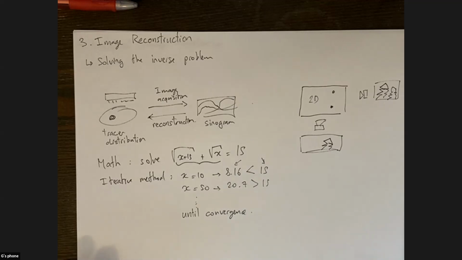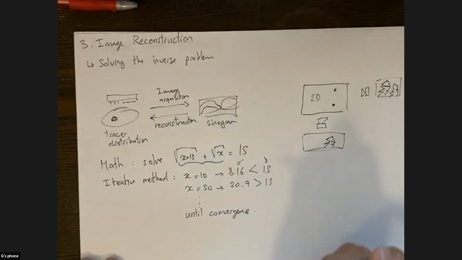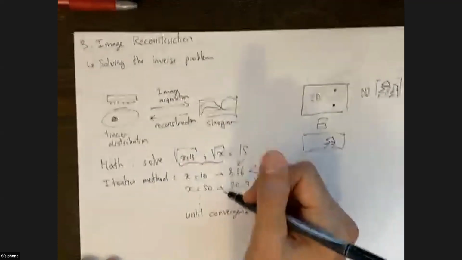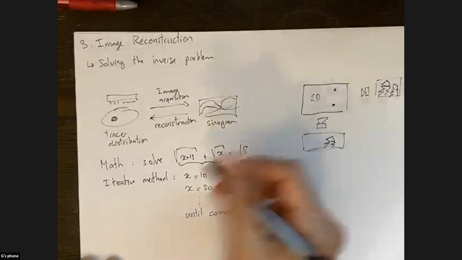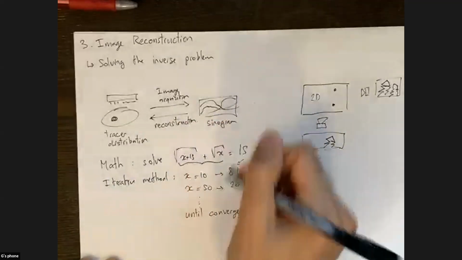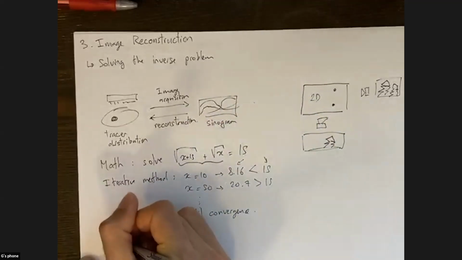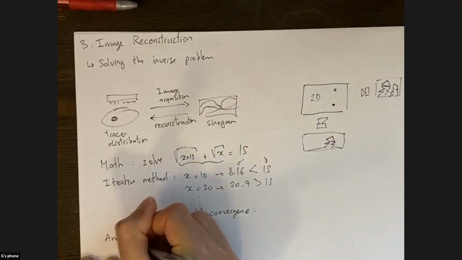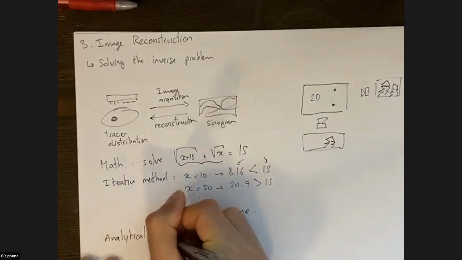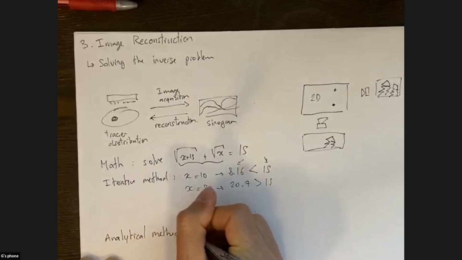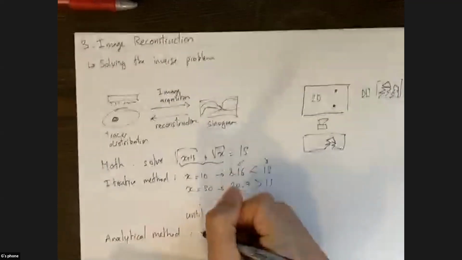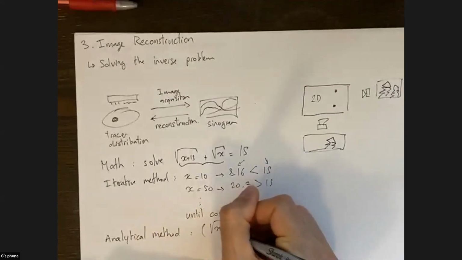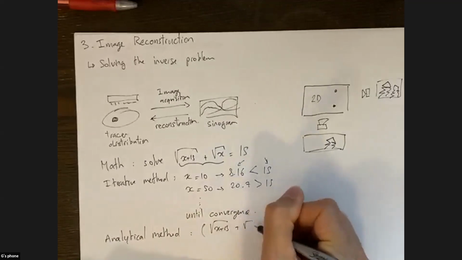Is there another way we could solve it? I guess you said it was too hard to solve, but actually it's not too hard to solve, right? So we could take this formula and raise it to the square on both sides. So this would be more like an analytical solution. So the analytical method would be, I could take square root of x plus 15 plus square root of x.